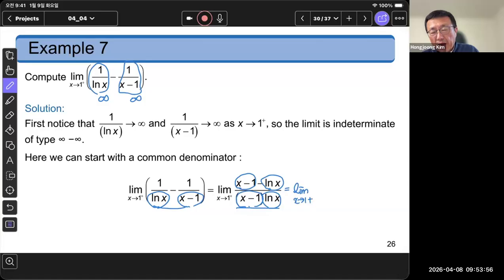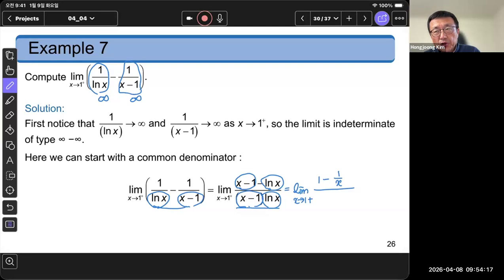If I differentiate x minus 1, you get 1. If I differentiate log x, you get 1 over x. And in the denominator, I have a product of two functions, so I need to differentiate these two functions one by one.